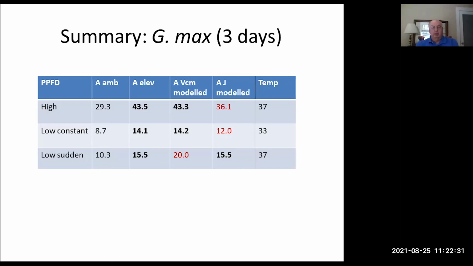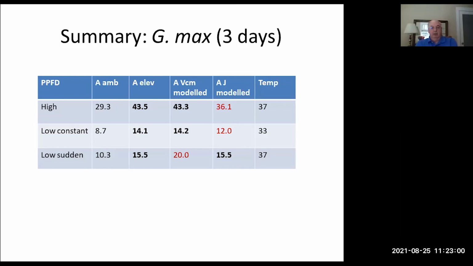On the other hand, when you get a sudden decrease in PPFD because of clouds, the situation reverses. And here we still get a stimulation from ambient to elevated, but now we're better predicting that if we assume that we have become electron transport limited at elevated CO2, and we overestimate if we assume that we stay Vcmax limited.